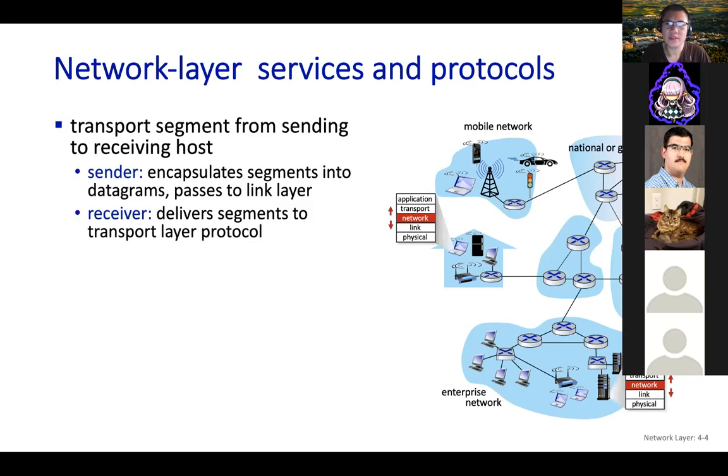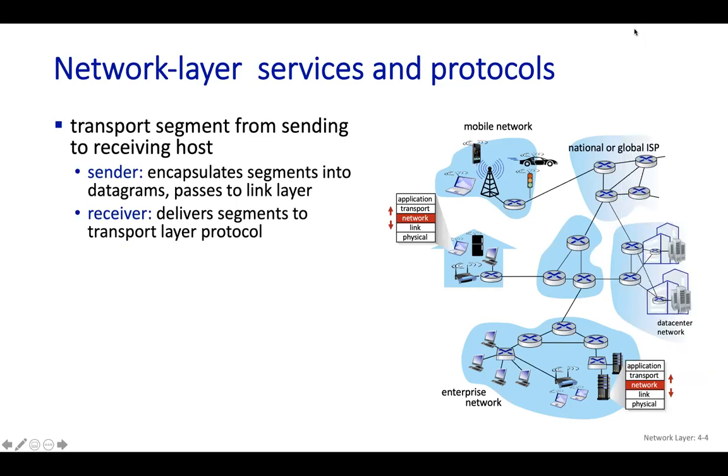So, network layer service and protocols. Here is a quick recall. The right-hand side is our very classic diagram, and you have seen this figure several times. It's a very classic diagram for the networking class.